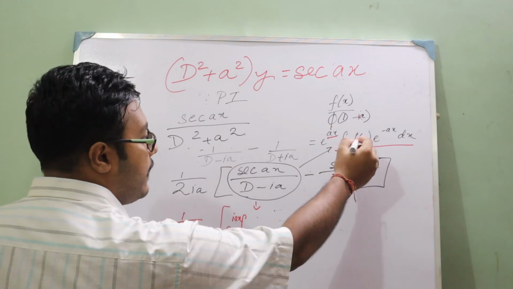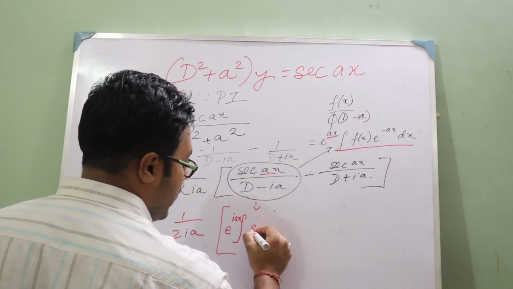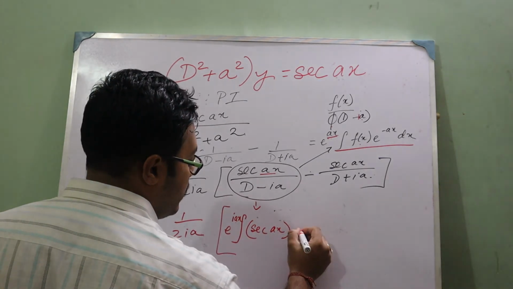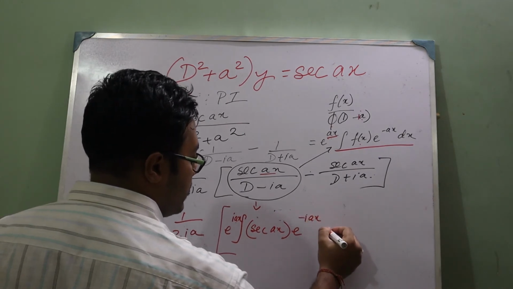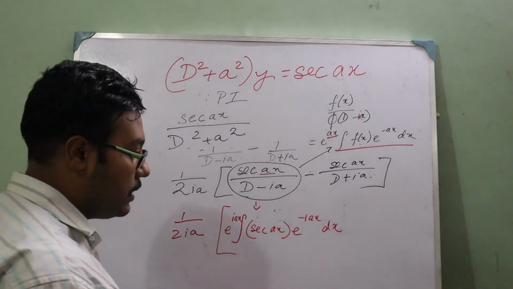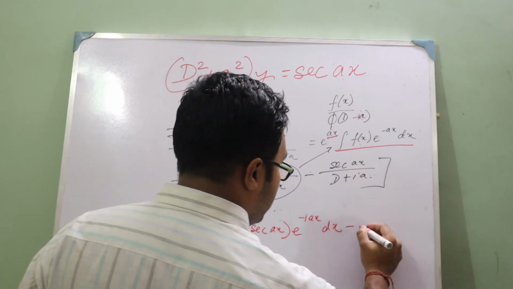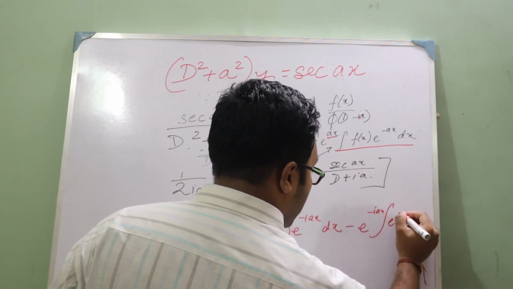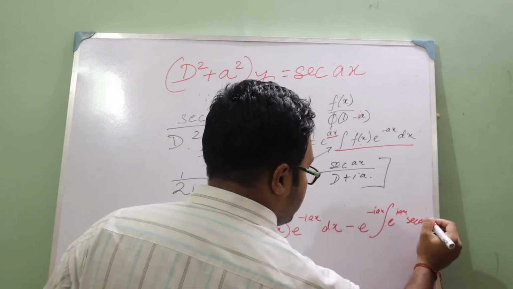Then f of x. What is f of x here? Sec of ax. So we put here sec of ax, this whole thing into e to the power minus iax dx. Alright. In a similar manner, we also get in this case e to the power minus iax, e to the power iax, sec of ax.